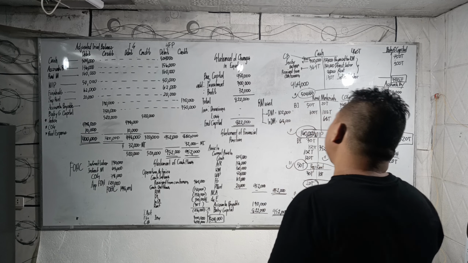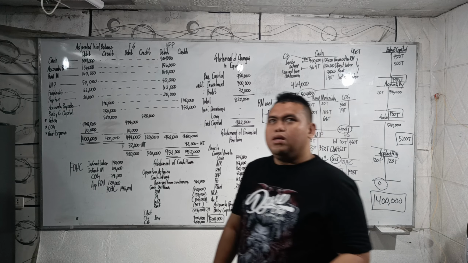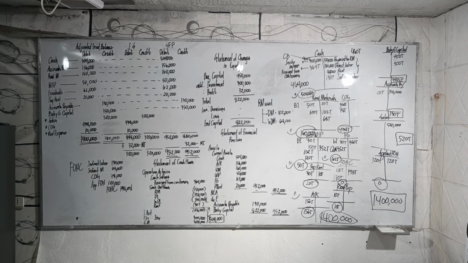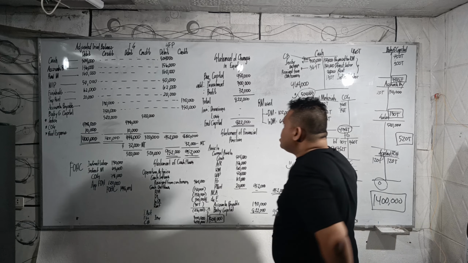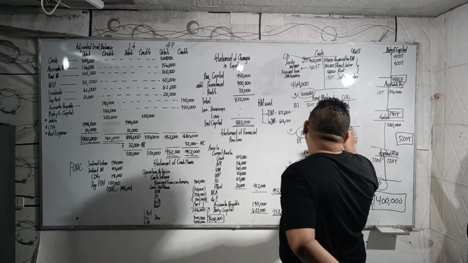And I guess we are already through with step 6, the preparation of financial statements. Now let's go to step 7. Let me check on. Yeah, we can still go on. On the step 7, of course, you will have the adjusting journal entries and you have to post it here.